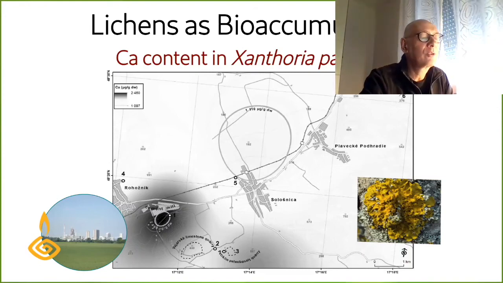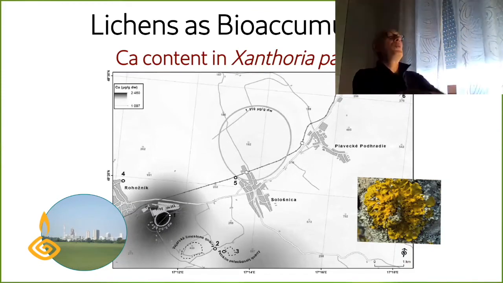They can not only take up gases which are toxic, like sulfur dioxide, so the lichen can die, but if there are elements in the air, like calcium or iron or other heavy metals, they can accumulate these elements in the thallus, in the structure, the tissues, pseudo tissues, and so we can collect the lichens, analyze them, and measure the content of these elements.